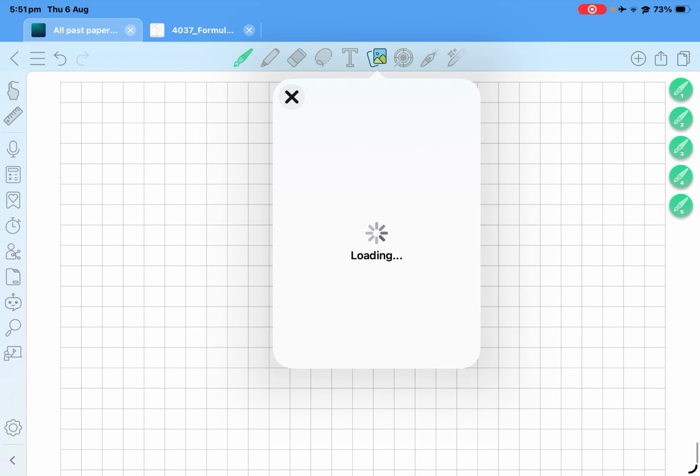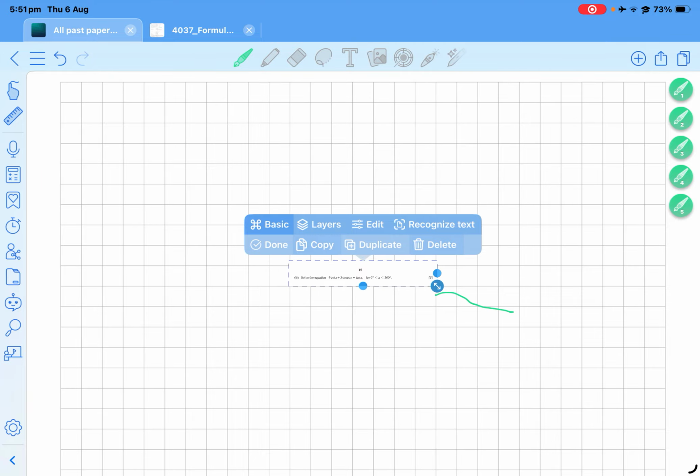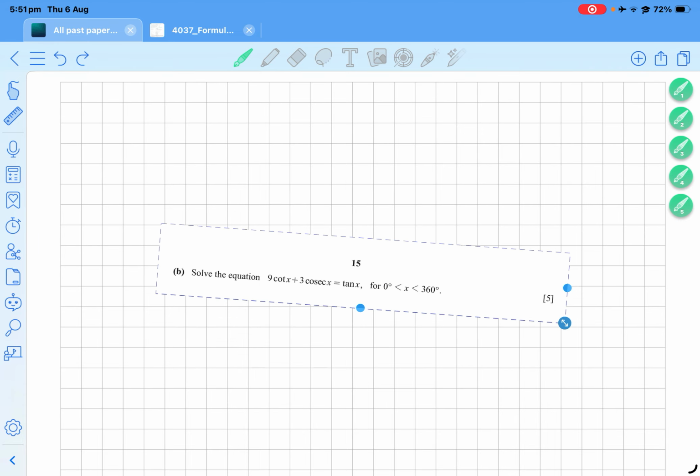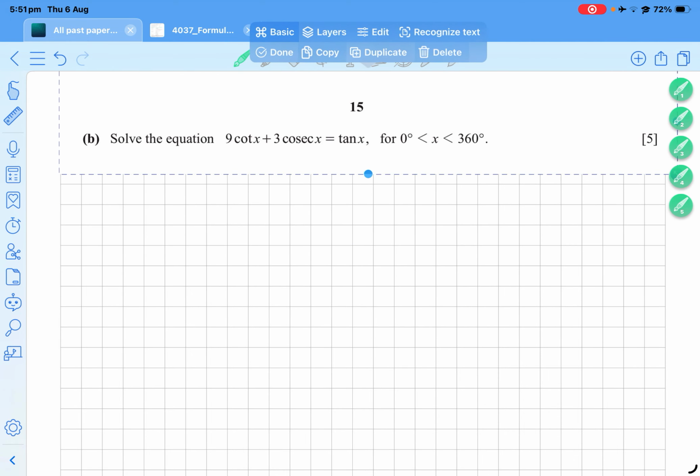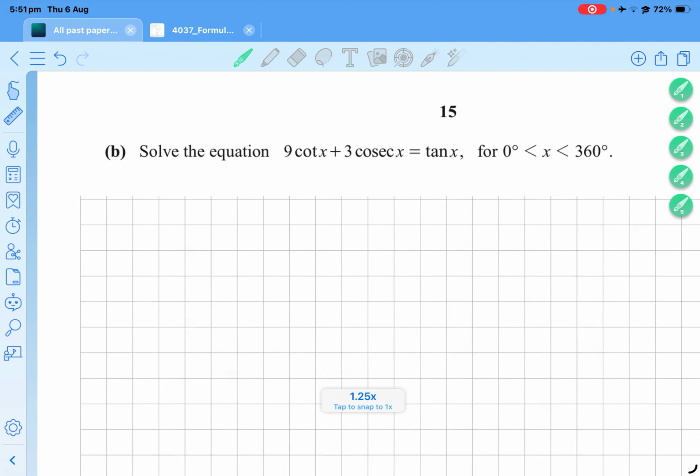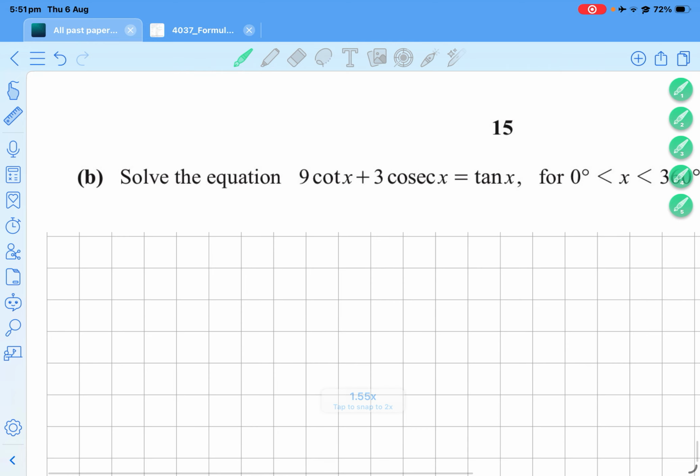Then let's move on to this one. So solve this equation: 9 cot x plus 3 over sin x is equal to tan x, so 9 cos x over sin x plus 3 over sin x is equal to sin x over cos x.